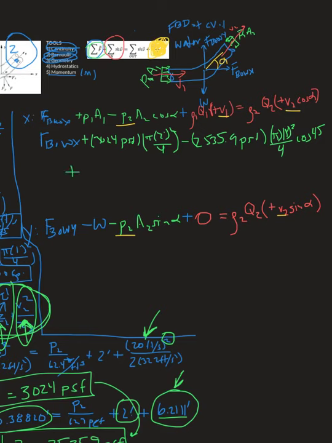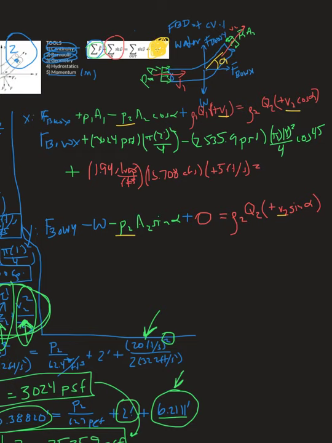Plus, now we're going to go into the red because we're getting into our momentum fluxes. This is going to be the density of water, 1.94 slugs per cubic foot, you guys should be learning that number by now, times 15.708 CFS, times a positive 5 feet per second, equals.